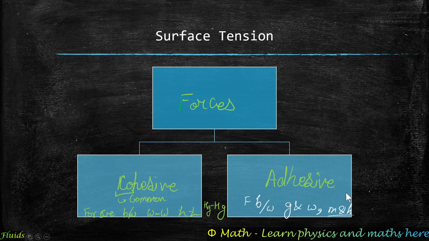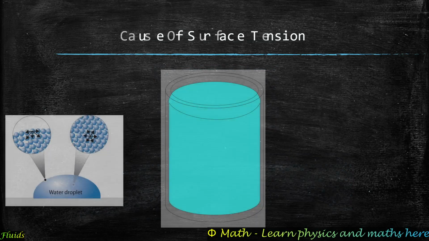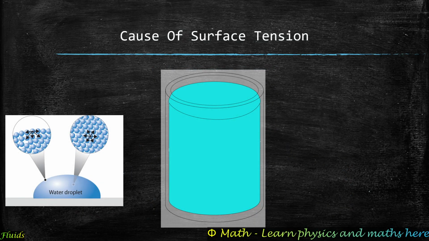So due to this we can say what is the cause of surface tension. We can see from this figure that in this figure the water droplets are tightly packed, and in this figure they are not so tightly packed. So from here we can see this outer layer has no pushing force, but let us look at this drop.